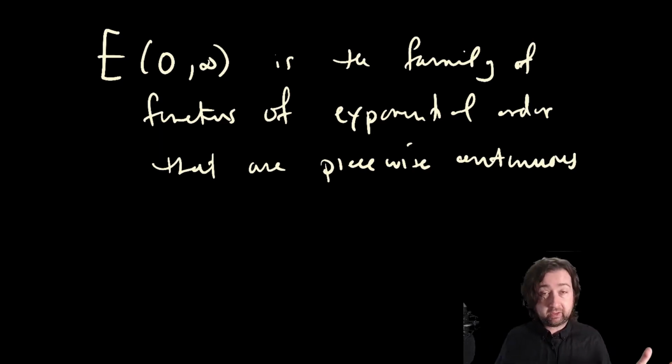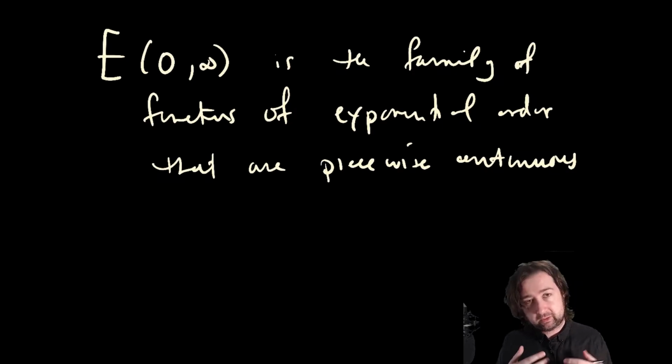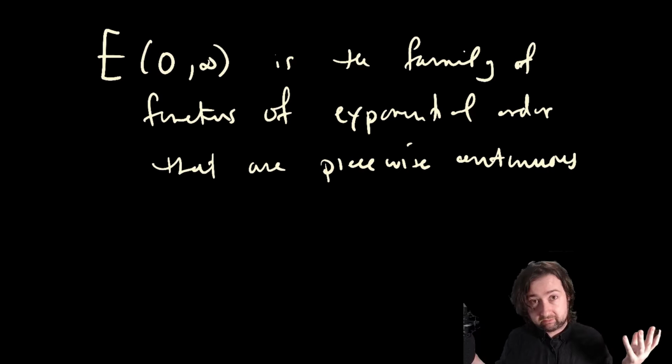So not even continuous, but piecewise continuous. So as long as I can break it up to an at most countable number of continuous pieces, then those functions are just in this family E of 0 infinity.